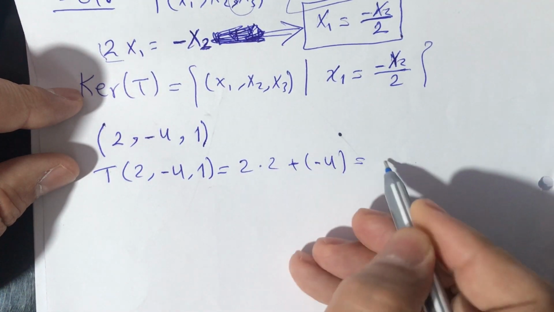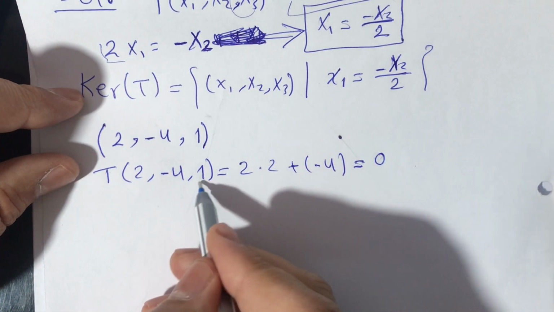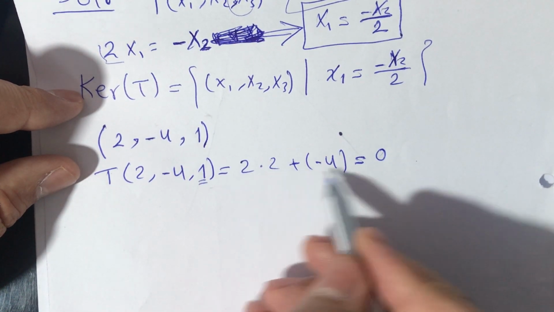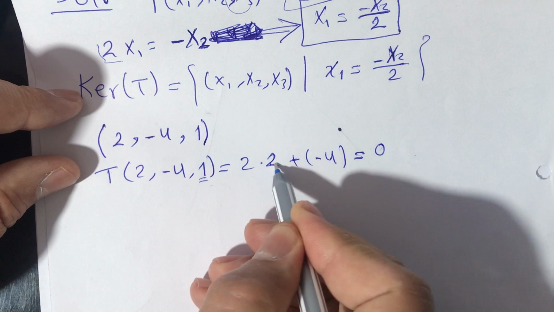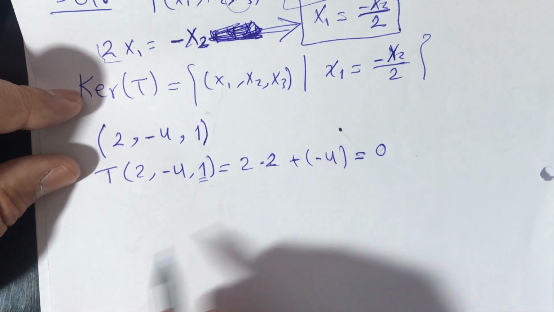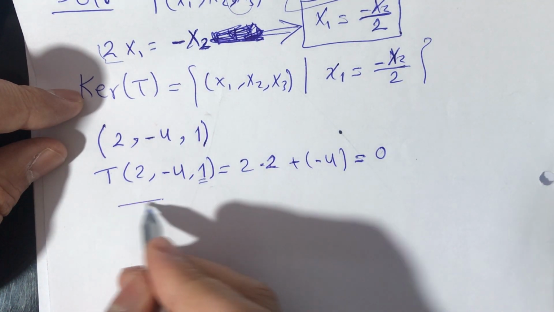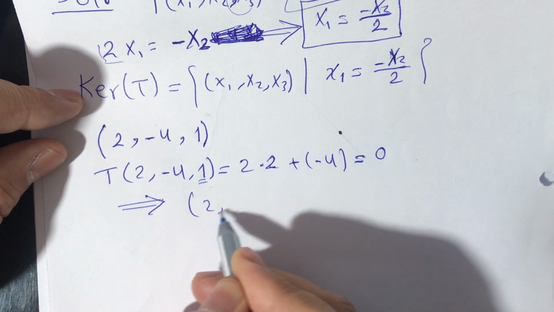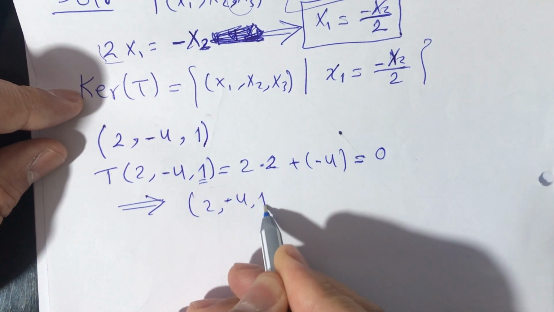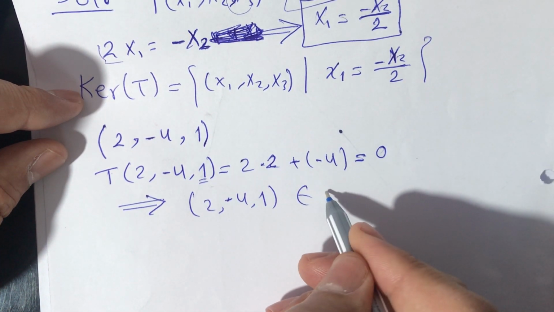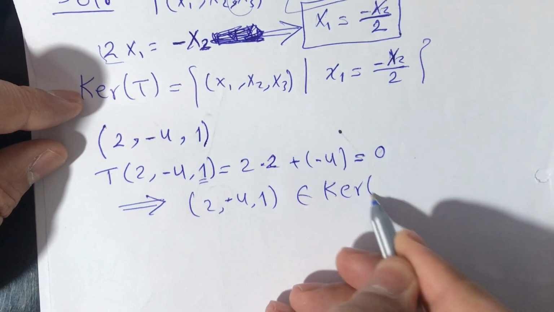This will be 4 minus 4, which is 0. It doesn't matter about x3, we don't need it here. So any such point belongs to the kernel. So (2, minus 4, 1) belongs to the kernel of T.